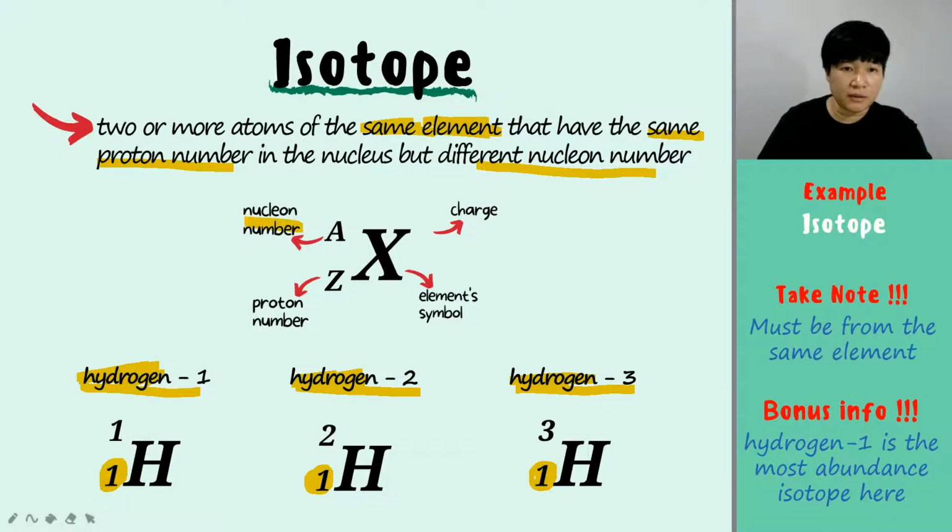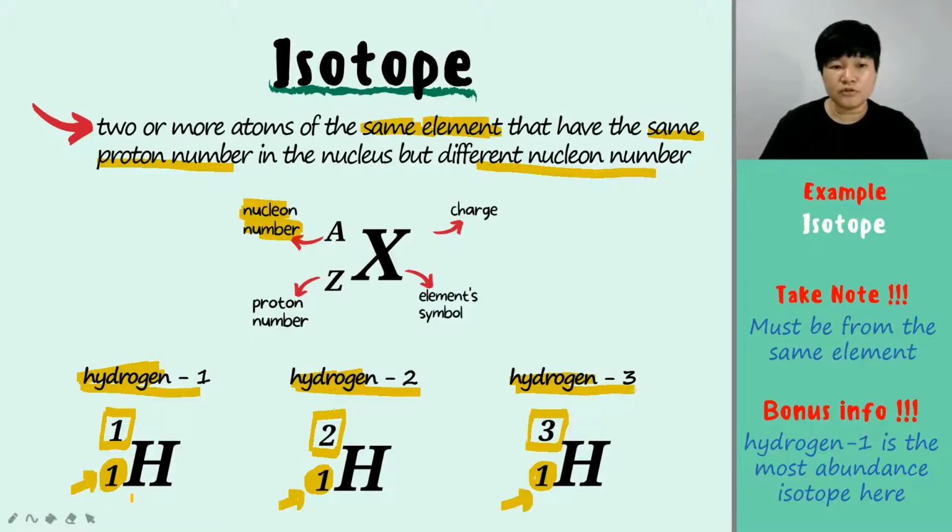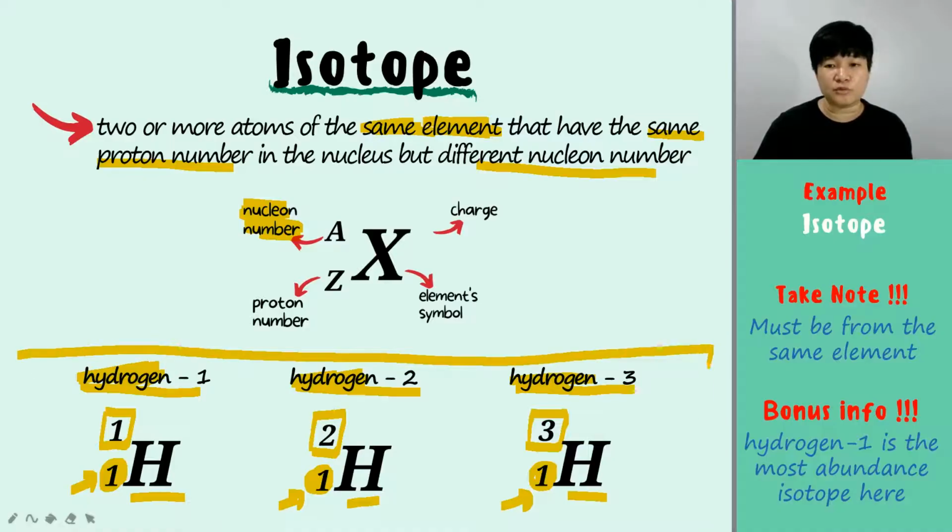Look at the nucleon number. The nucleon number is the top number, where the nucleon number right now is 1, 2, and also 3. So you have different nucleon numbers over here. So when it's a different nucleon number, but same proton number, and also same element, therefore they are isotopes to each other. That is how we determine the isotope. They must be from the same element, same proton number, but different nucleon number.